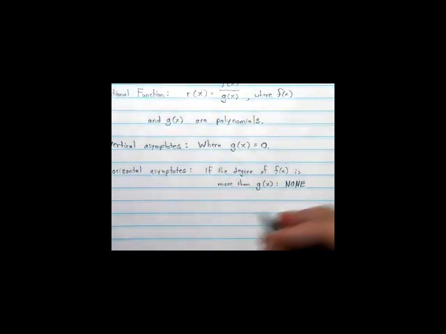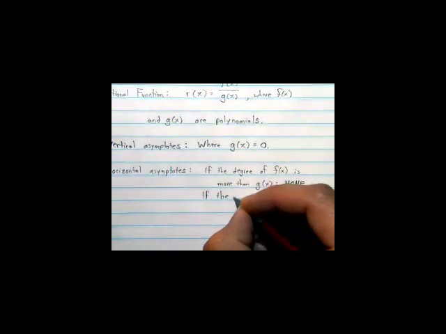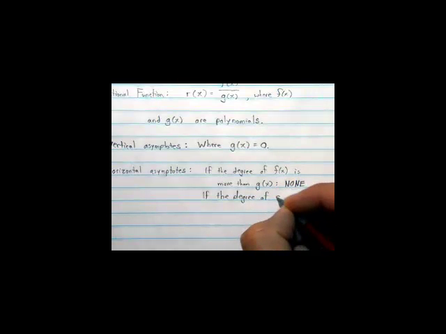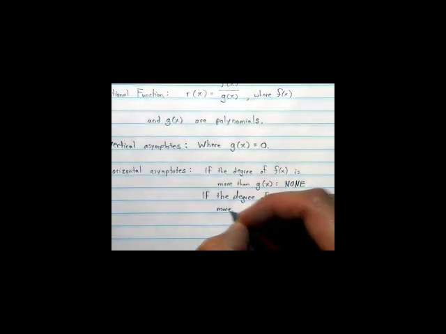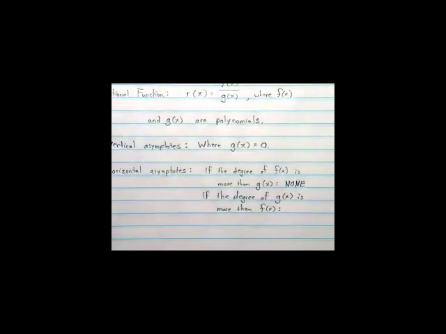Okay. So if it's the other way around, if the degree of g of x is more than f of x, now we've got the denominator getting way bigger than the numerator.